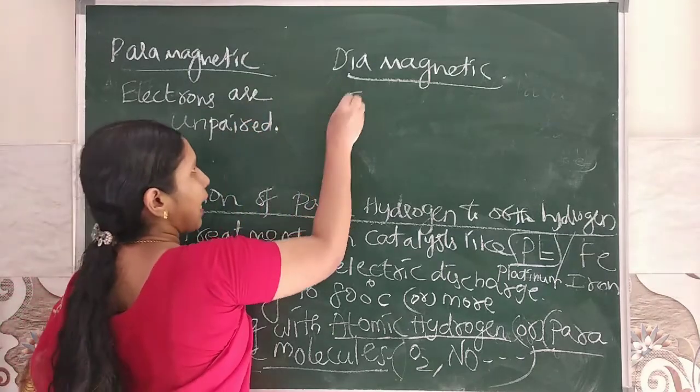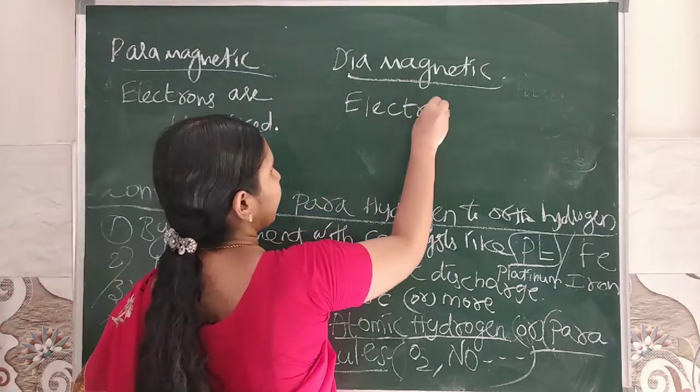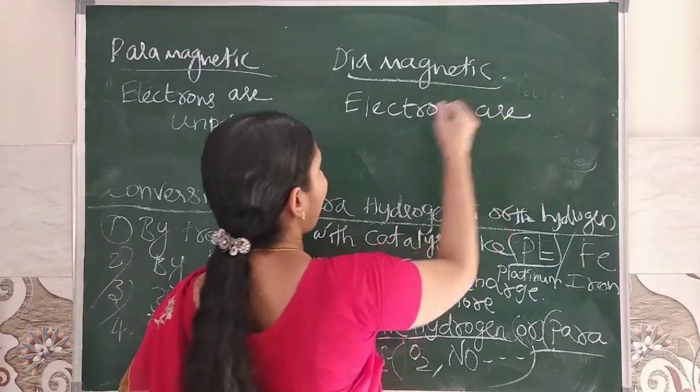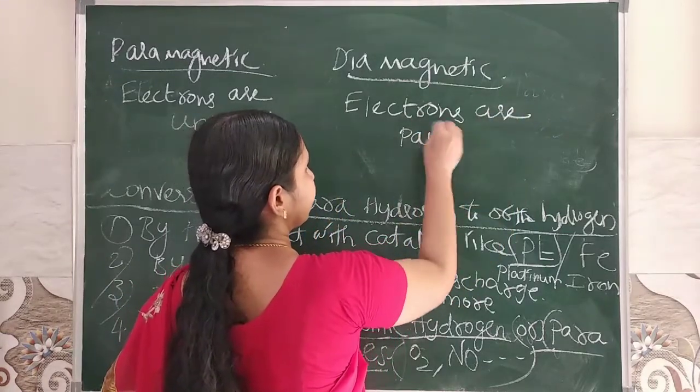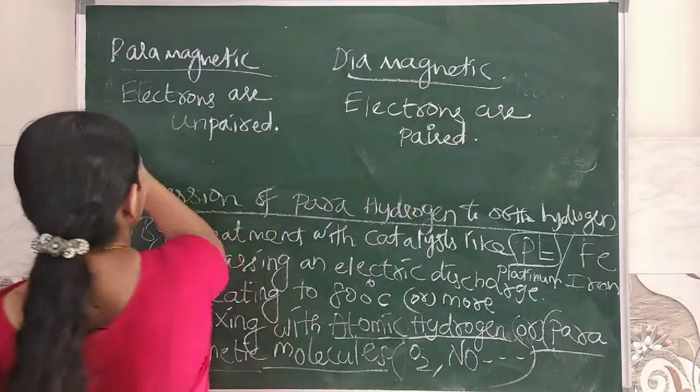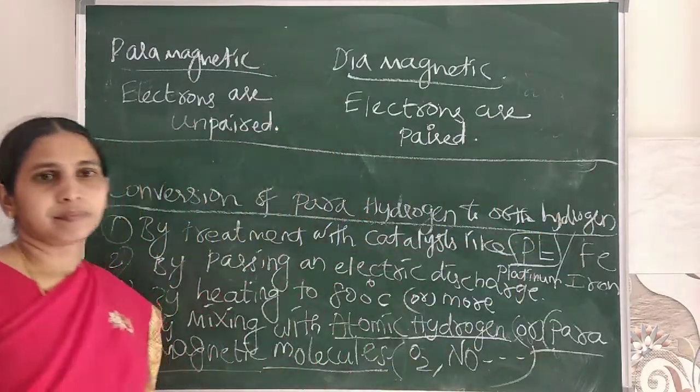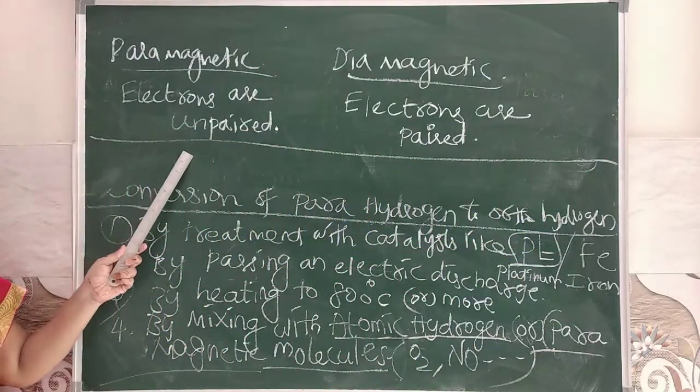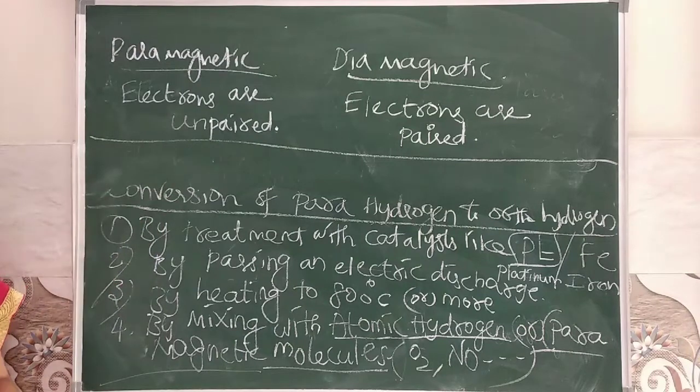If all electrons are paired, it means diamagnetic. How are electrons paired? How are electrons unpaired? Listen.